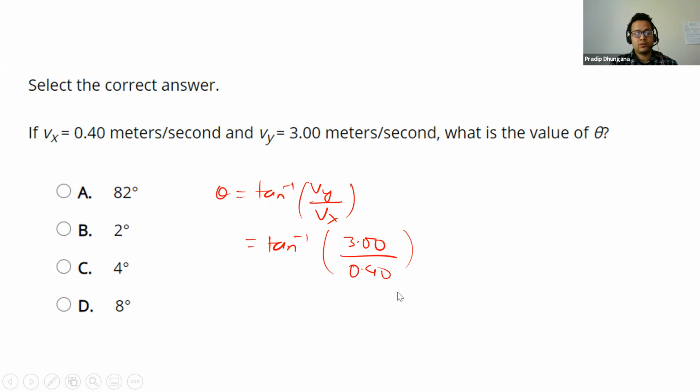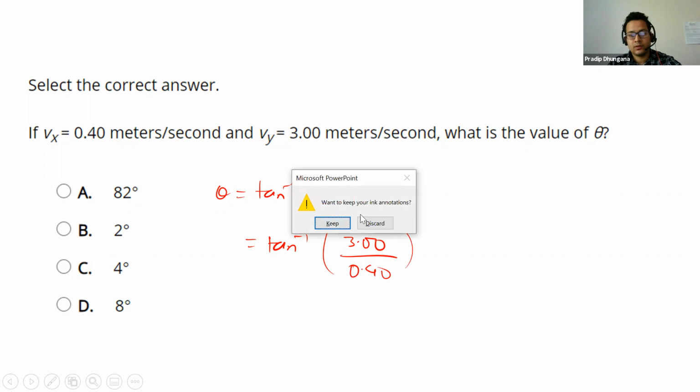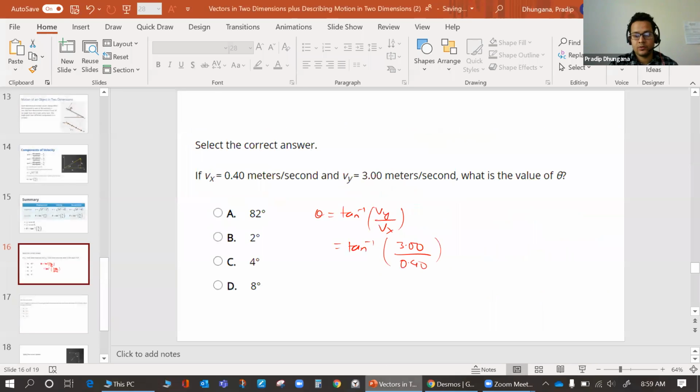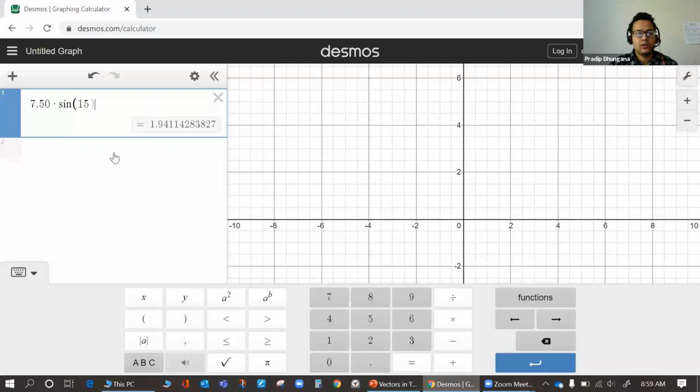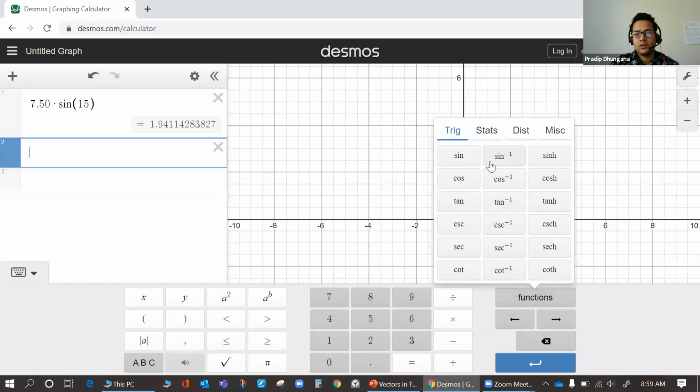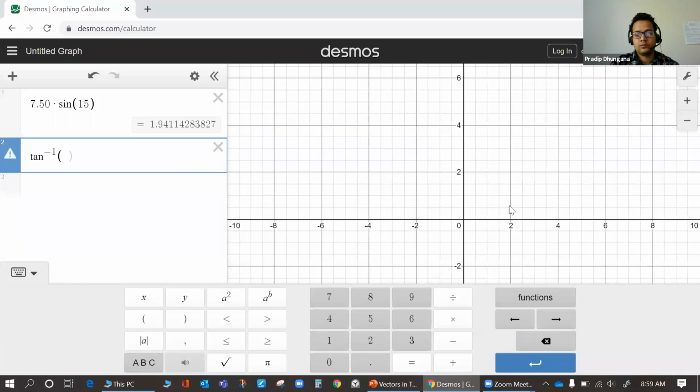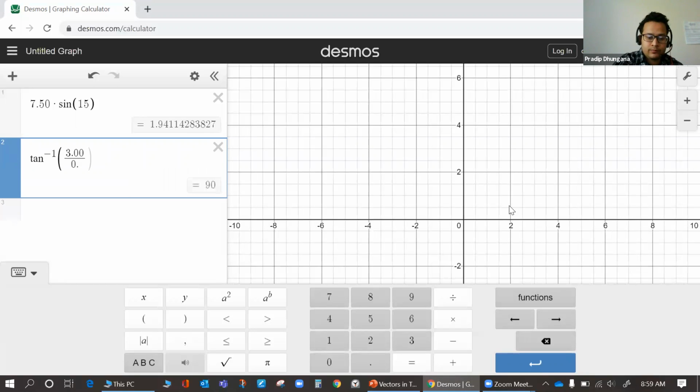Again, we'll use Desmos. Let's tan inverse 3 over 0.40. Go to function. Go to tan inverse. And then it was 3.00 divided by 0.40. So we got 82.40.